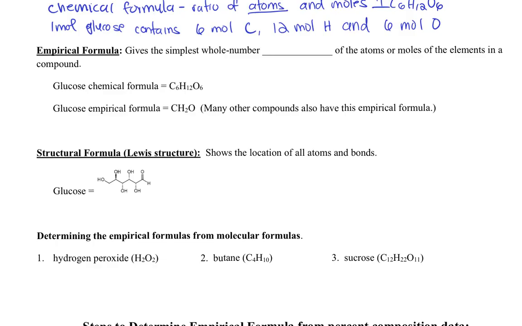So because a chemical formula is a ratio of moles as well as atoms, we can use this information to help us find chemical formulas.